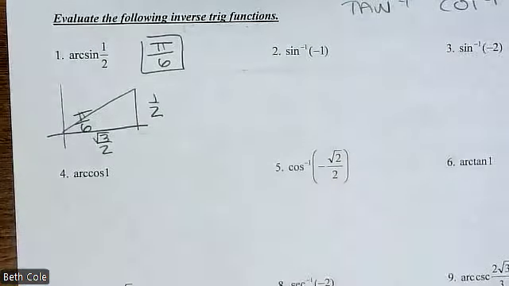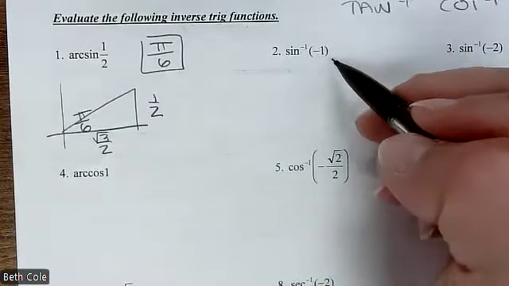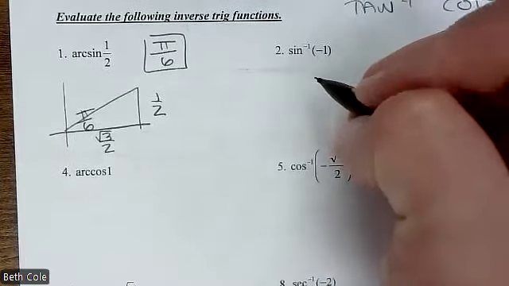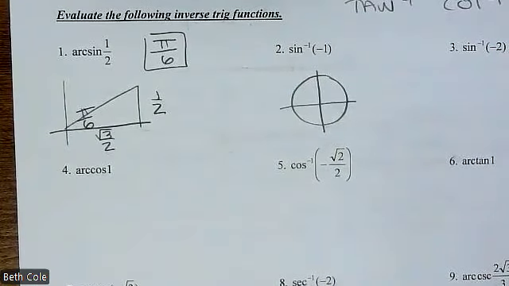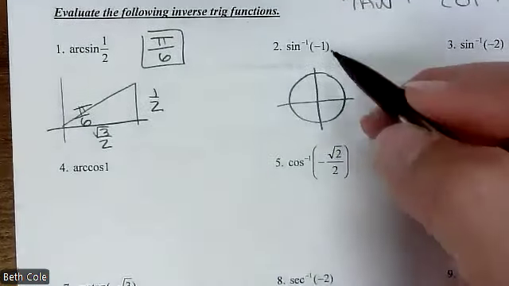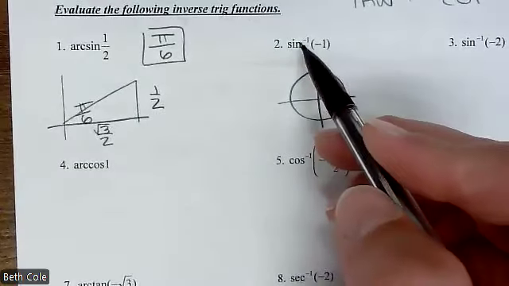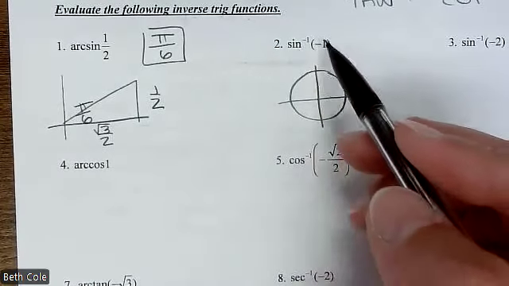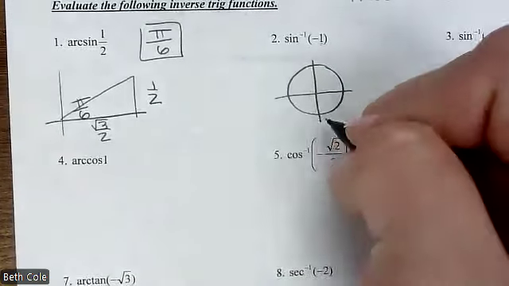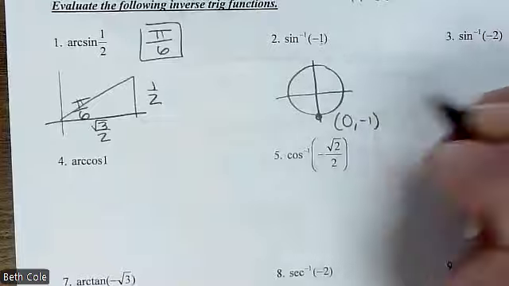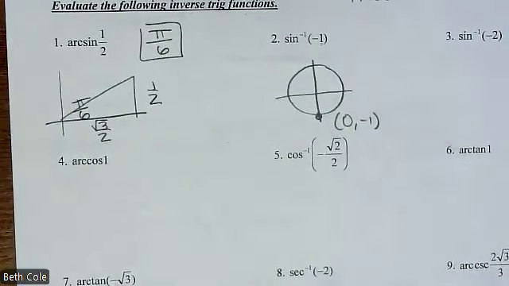Now, this next one is a little tricky. I probably shouldn't have put it as the second question. That is not going to be a triangle. That is going to be your circle. So using a word like up, down, left, or right, sine is the y value. Where is the y value -1? Up, down, left, or right? Yeah, down. Okay, so 0, -1. That's like the quote unquote work that I need to see.